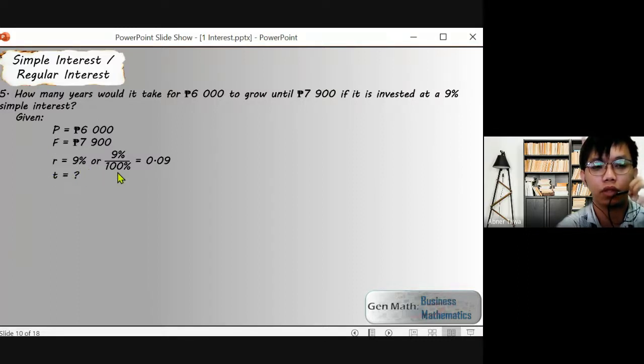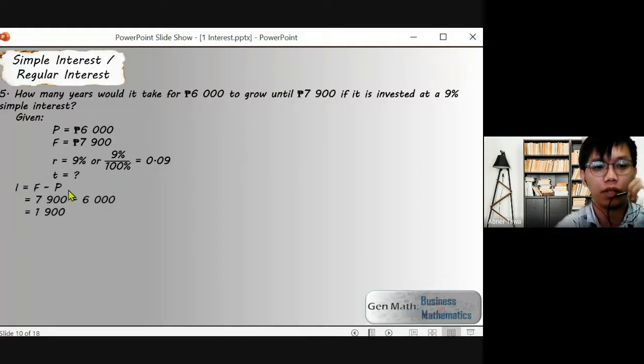Okay, you can also have here a different solution aside from the solution we're going to have here. To solve for the length of time, we can just solve first for the interest, or yung dinagdag ng kanyang pera after how many unknown years.